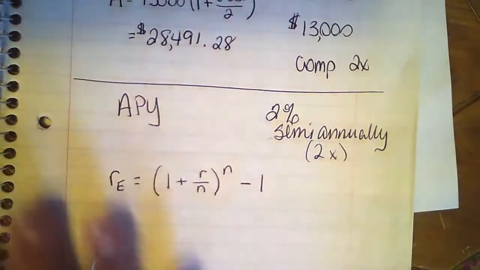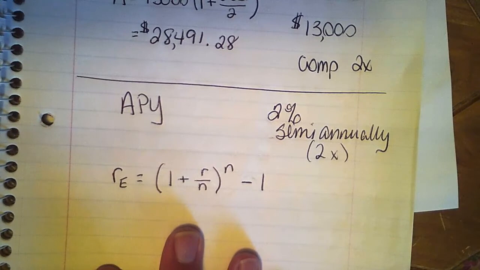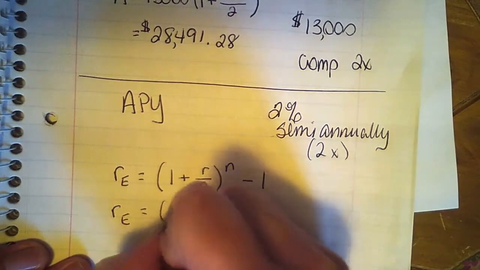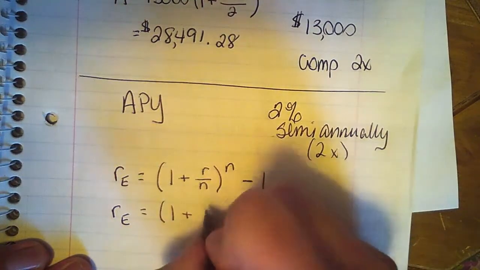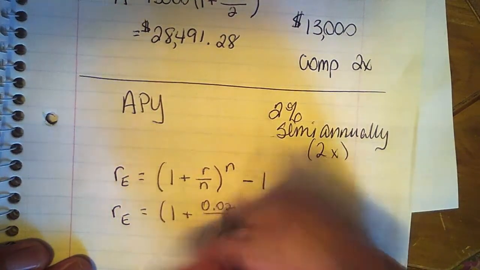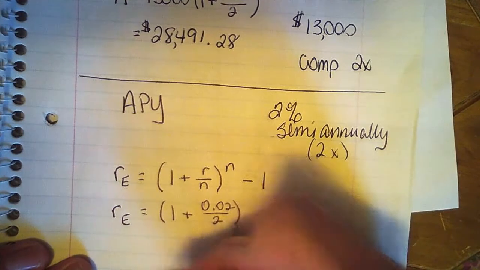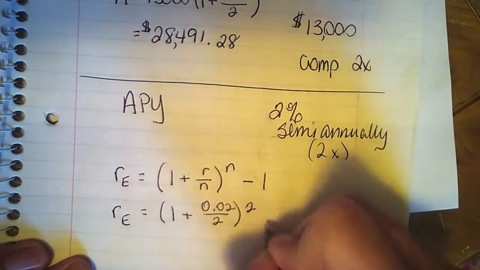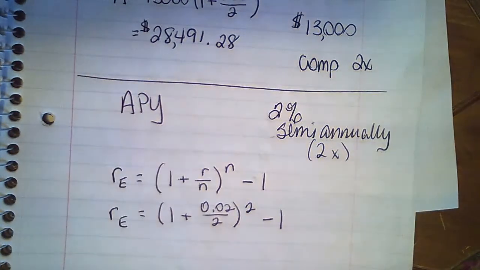All of these fancy little formulas are already typed up for you. So my effective rate in this case is going to be 1 plus my rate in decimal form over 2, raised to the number of times we're compounding per year, minus 1.